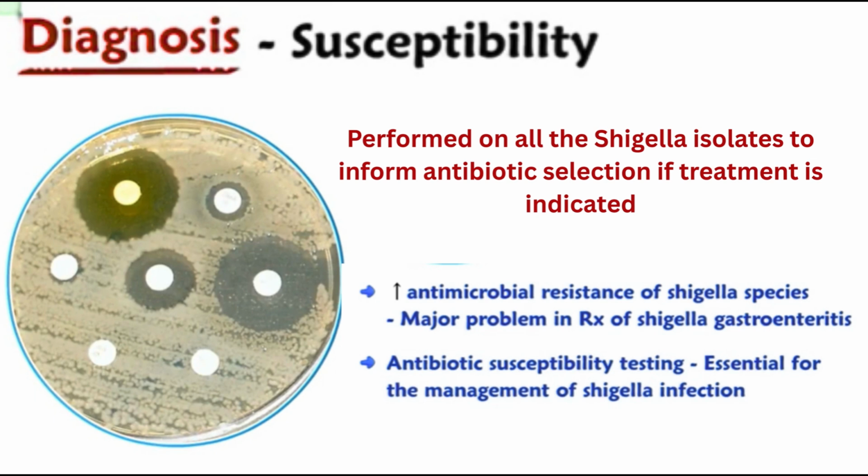Now, treatment of Shigella infection. Treatment of Shigella infection depends on disease severity, patient age, and antimicrobial susceptibility. Because antimicrobial resistance among Shigella species is increasing worldwide, antimicrobial susceptibility testing should be performed on all Shigella isolates to guide appropriate antibiotic selection whenever treatment is indicated.